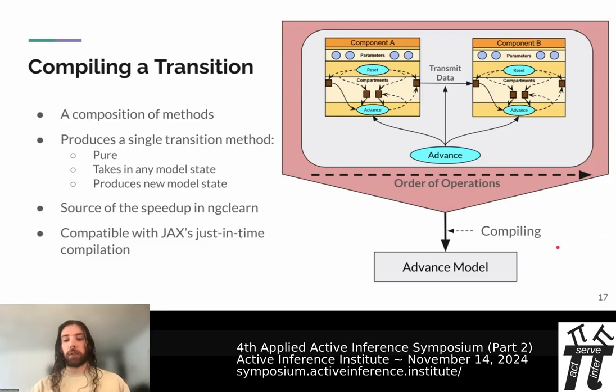Now, the way compiling works is we have our state transition, right? We have the state transition that we talked about in the previous slide, and we want to turn it into a pure operation. What we mean by that is that the same inputs will always produce the same outputs, and no value outside of the outputs of the method are ever modified.